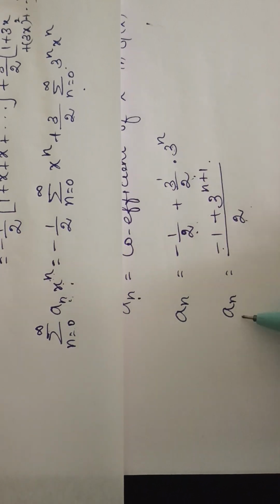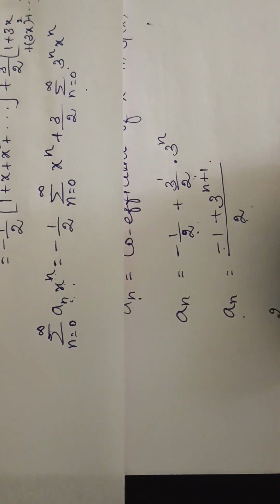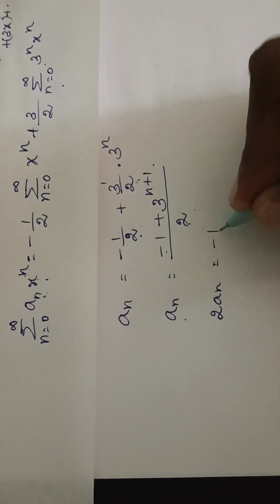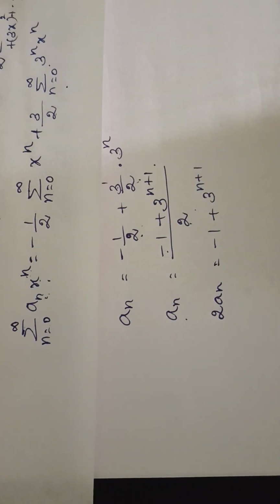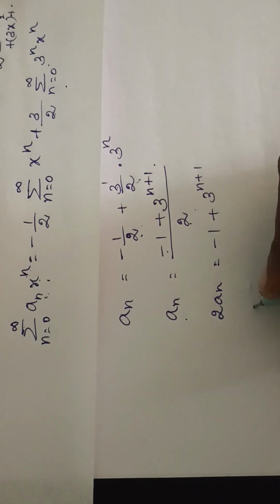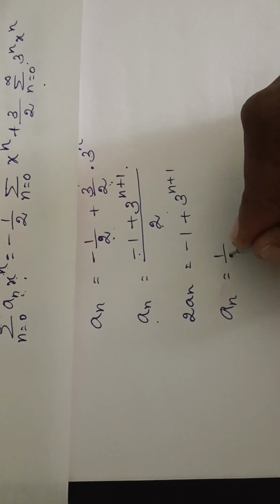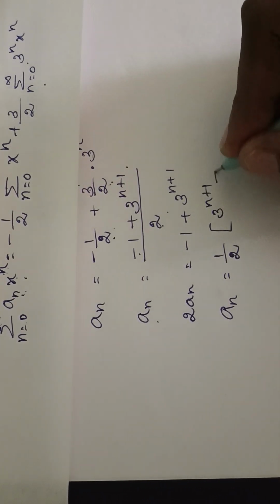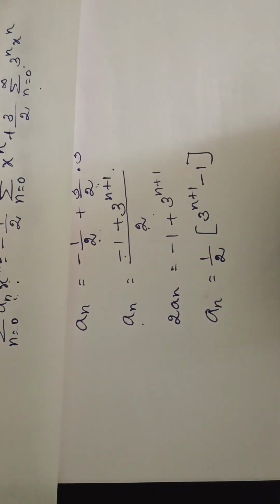So 2 converts to this side, so 2an is equal to minus 1 plus 3 power n plus 1. Here we need only an. So an is equal to, 1 by 2 I can take common. Then the positive term is 3 power n plus 1 minus 1. So this is our required solution.